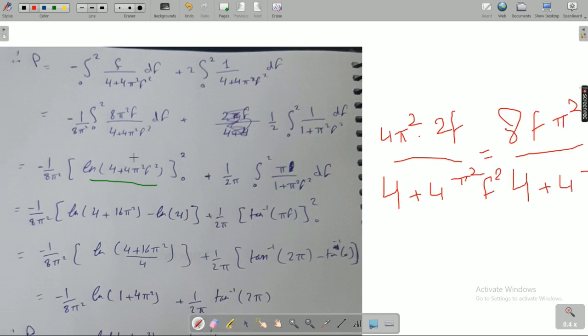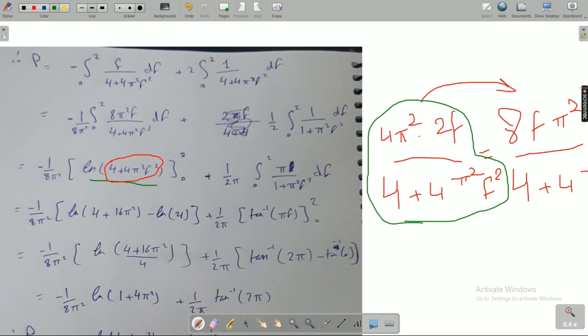We say that we differentiate the items inside the ln function itself. These are the ones inside the function. The differentiation is 8 pi squared f, as we have done here. We differentiated the f squared. It is the only variable, which will give 2f multiplied by 4 pi squared. So the total is 8f pi squared divided by what? Divided by the function inside the ln, which is 4 plus 4 pi squared f squared, as done here.